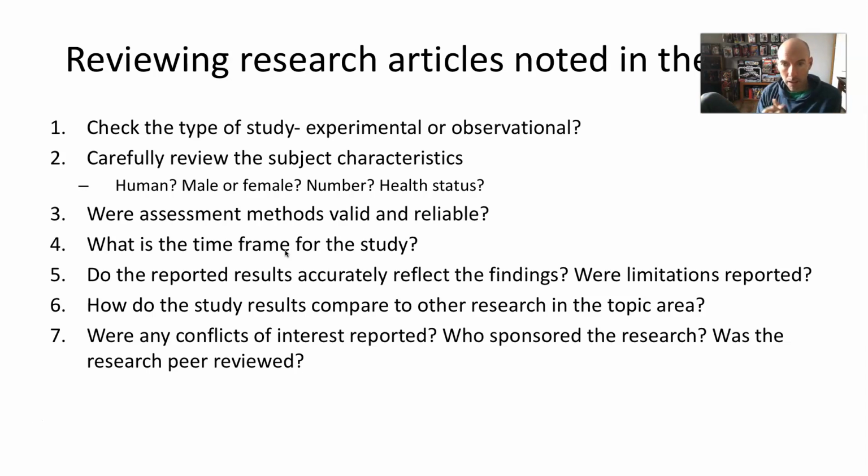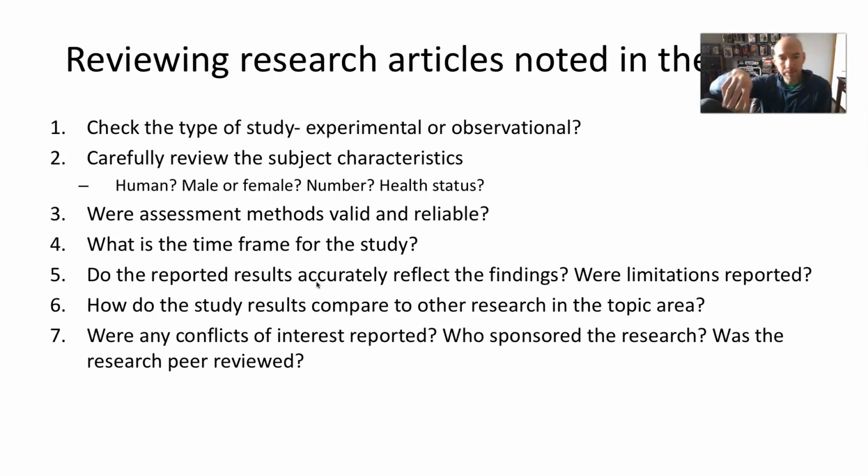When you're reading the articles, you want to make sure that the results accurately reflect the findings. Headlines can be deceptive sometimes, so make sure that the headline, which often states the results, matches the actual findings in the article. Limitations, I mentioned to you all last week, every study, regardless of what it is, is going to have limitations, so make sure that the limitations are noted in the study.